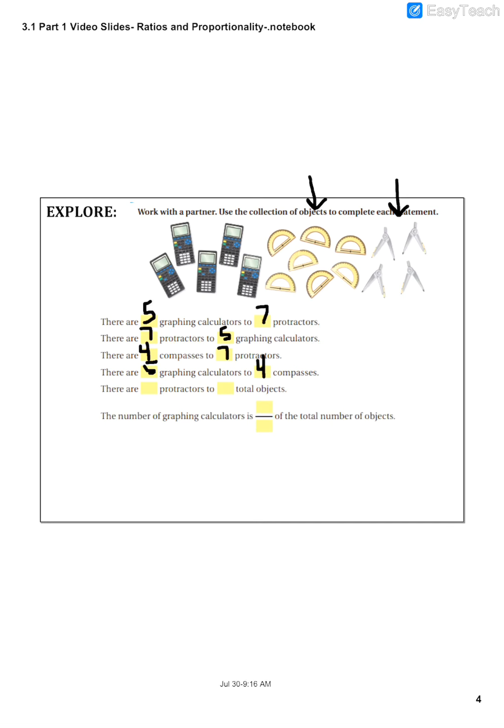There are 7 protractors to, now it's talking about total objects. So now we're going to add everything together, which would give us a total of 16 objects. So the number of graphing calculators is 5/16 of the total number of objects.